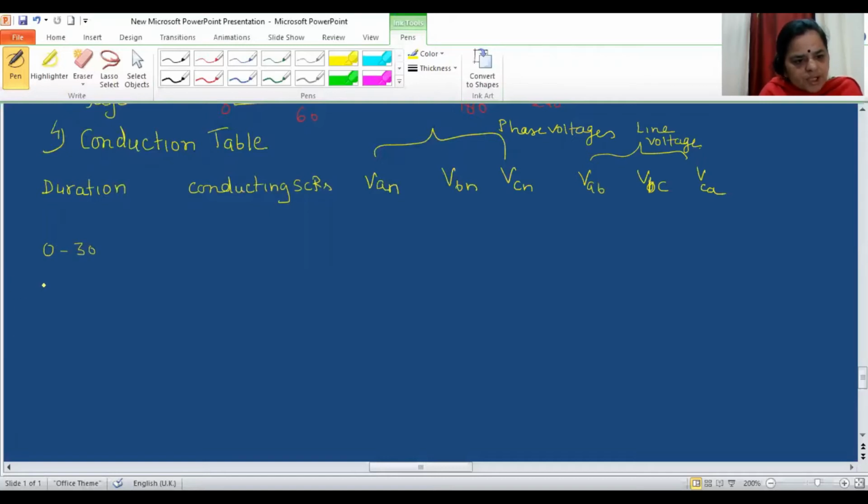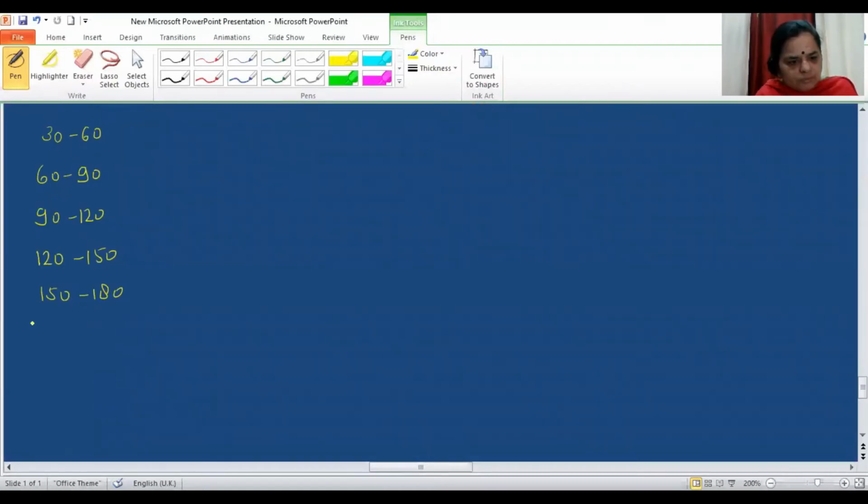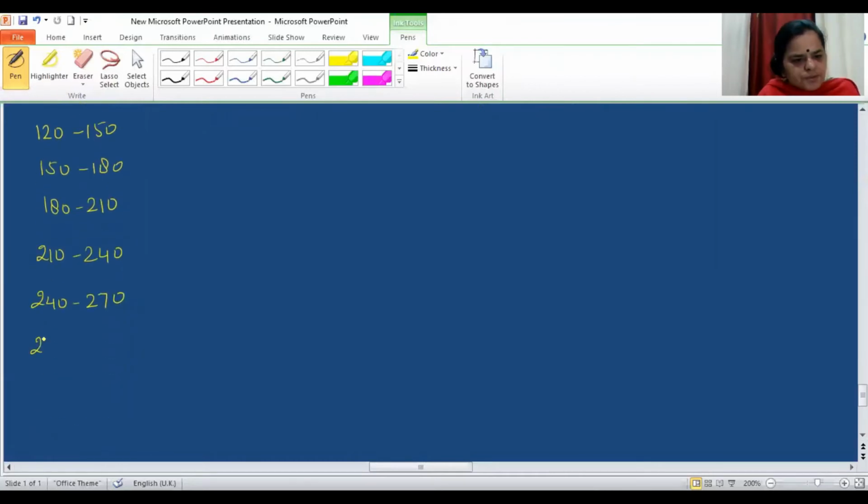So 0 to 30, then 30 to 60, then 60 to 90, then 90 to 120, then 120 to 150, 150 to 180, and 180 to 210, then 210 to 240, 240 to 270, then 270 to 300, 300 to 330, and at last 330 to 360.